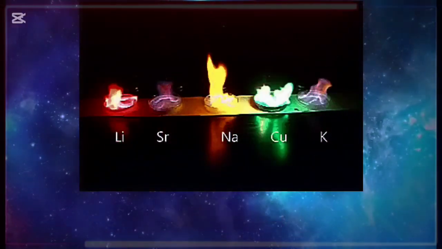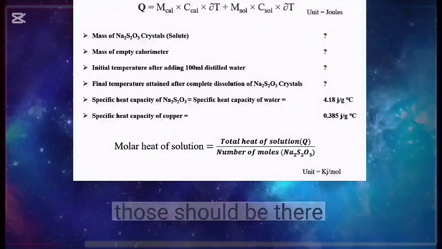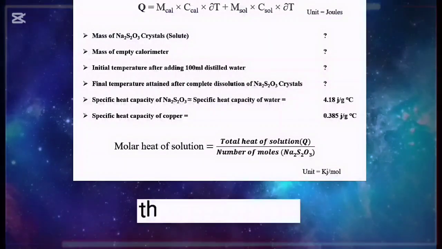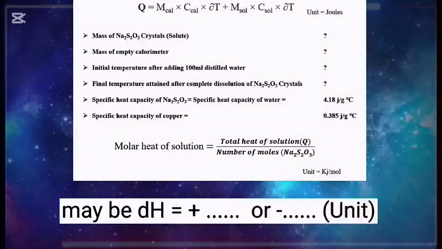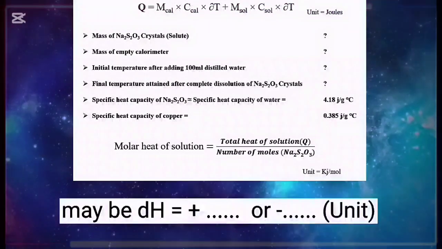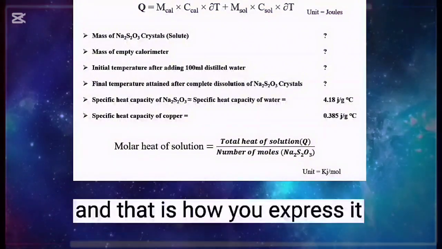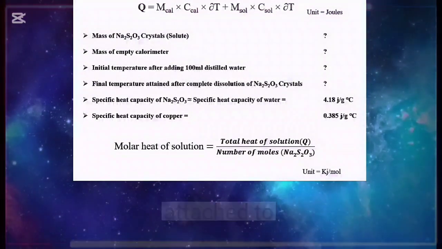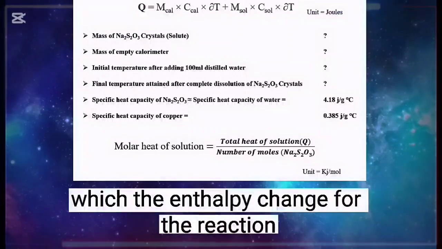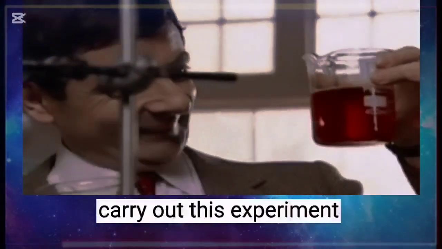If it's liquid, if it's solid, if it's in the aqueous form, those should be well reflected. Then followed by the enthalpy change, maybe change in H equals plus this kilojoule per mole or minus this kilojoule per mole, and that is how you express it. Just have the equation of reaction attached with the enthalpy change for the reaction. Right, so that is how you actually carry out this experiment.